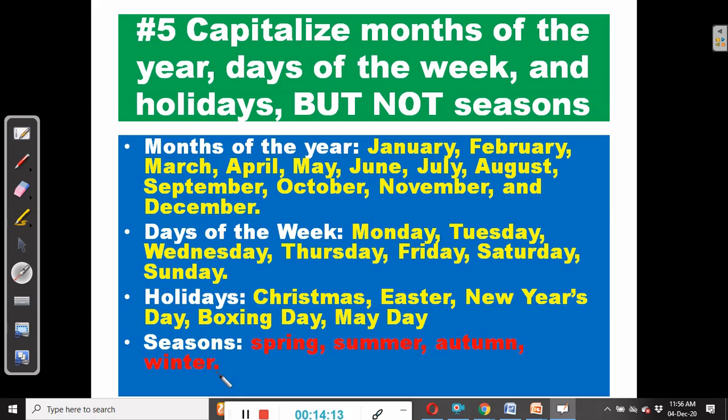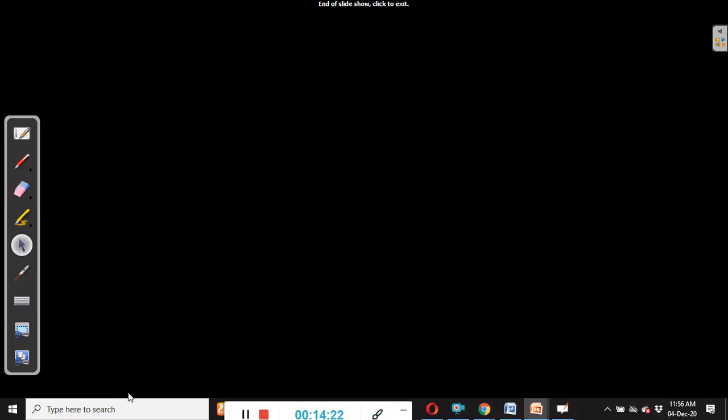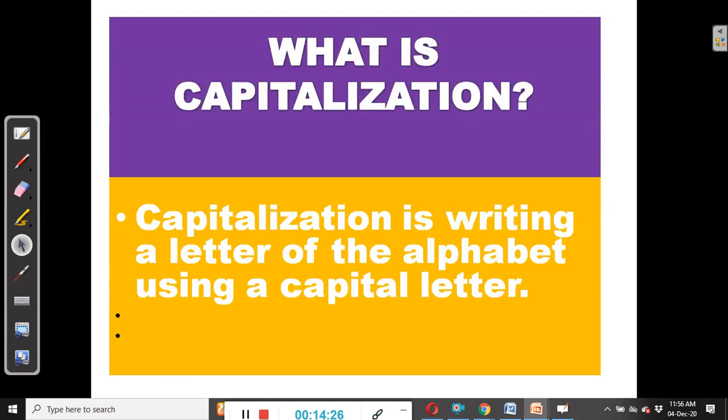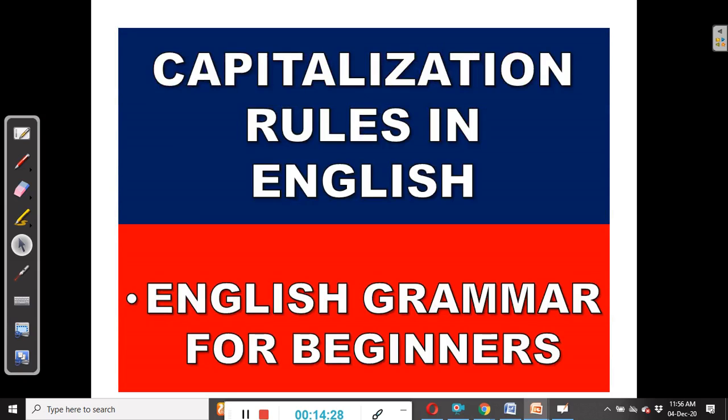So that's how it has been in today's lecture. We have been looking at the capitalization rules in English, and we have looked at the various rules.